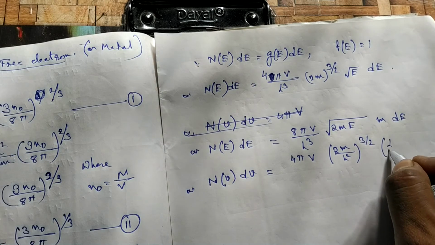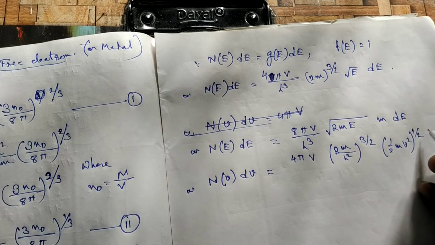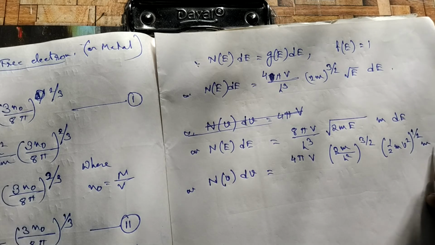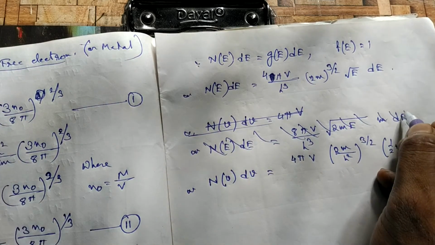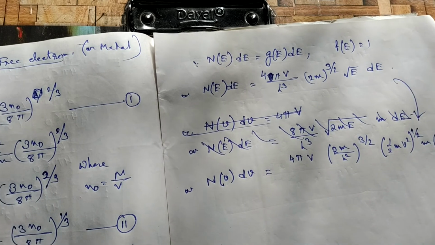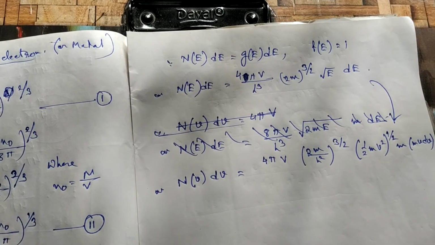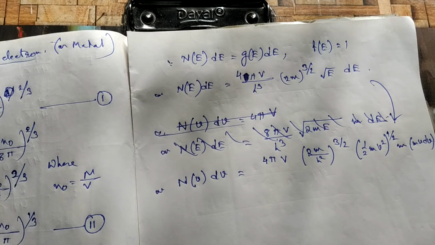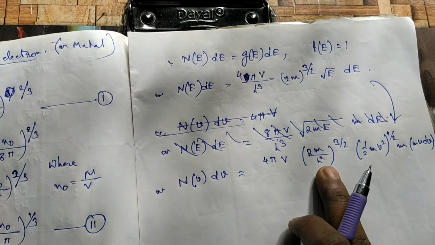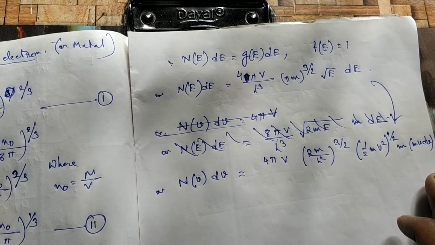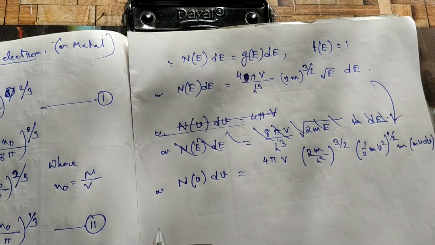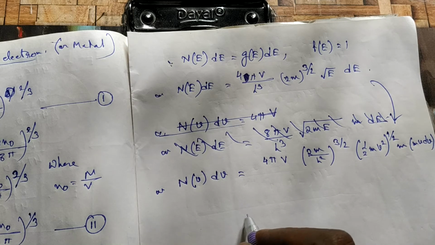Put the value of the energy as half m v square to the power half, and put the value of dE as m v dV. Directly substitute, because we know the values.